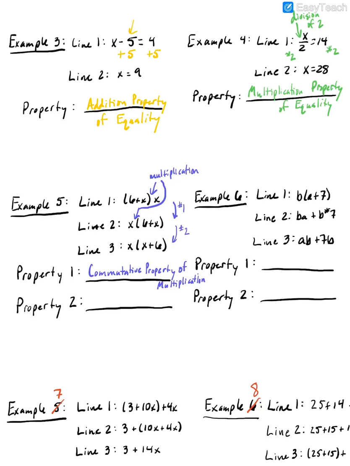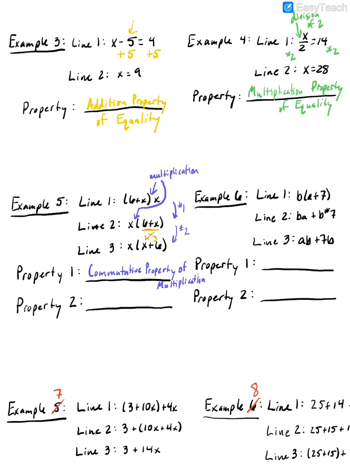Okay. Then for property 2, so line 2 to line 3, now we need to take notice of what else changes. So I see that inside the parentheses, it looks like the 6 moves to the right side and the x moves to the left side. Okay, so they're switching spots inside the parentheses. The x on the outside of the parentheses does not change, so I'm not worried about that one.